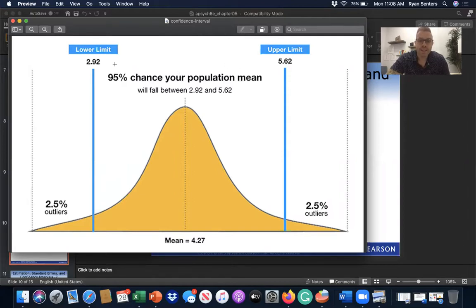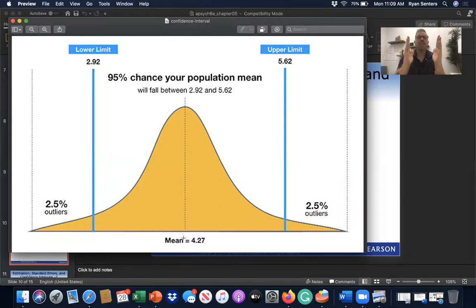What that is telling us is that we're 95% confident that the average 5-year-old will have between $2.92 and $5.62 in their bank or in their room. So it tells us what percent confident we are that they have this amount of money. It gives us a range, so it gives more information than just the mean.